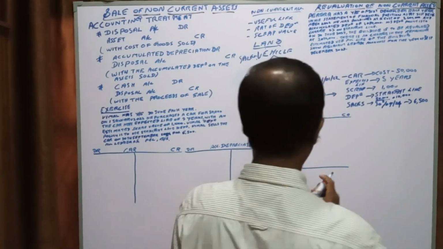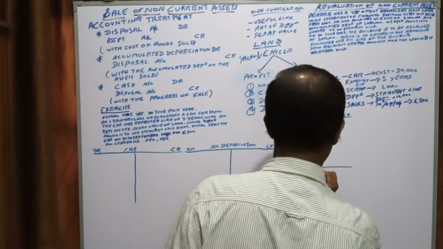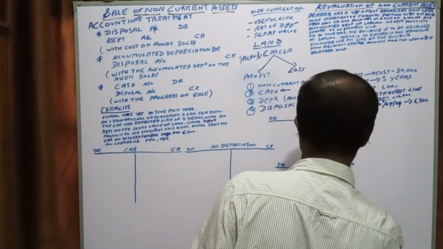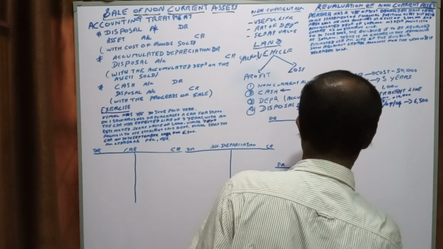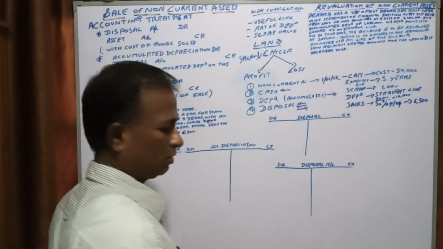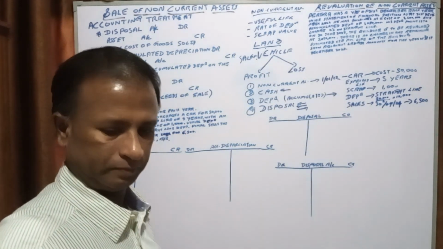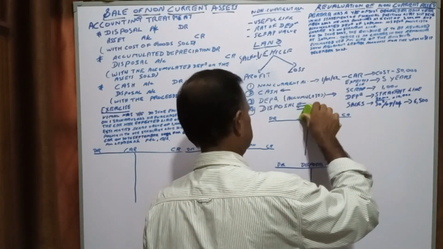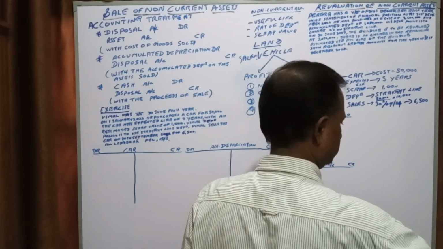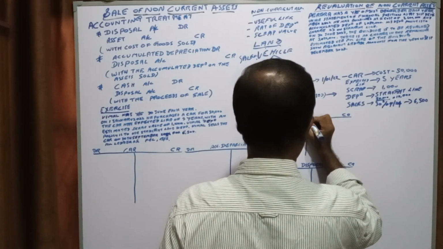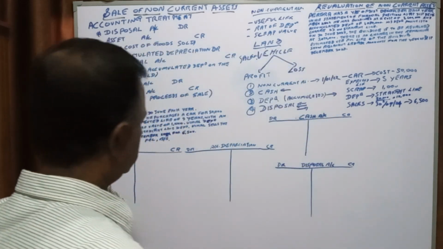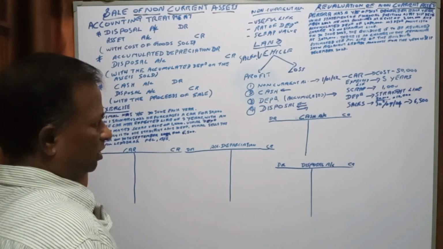Here we say cash account, and here we say disposal account, because we have limited space within which to do our calculations.